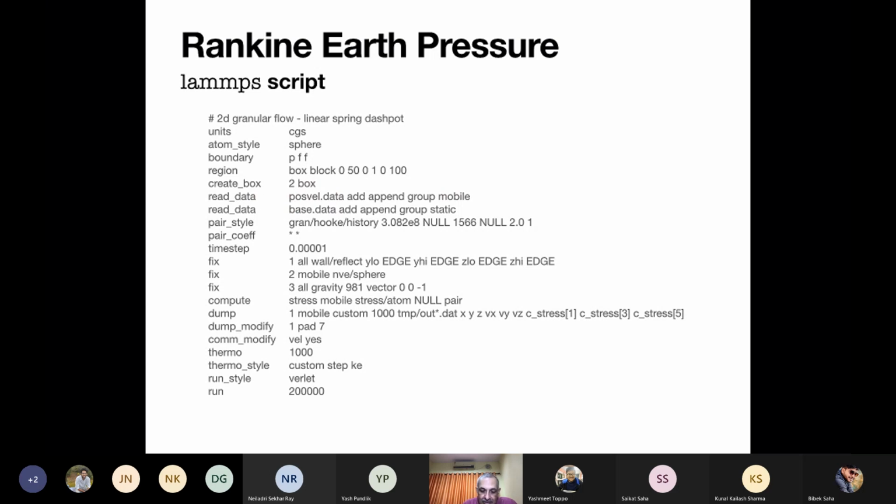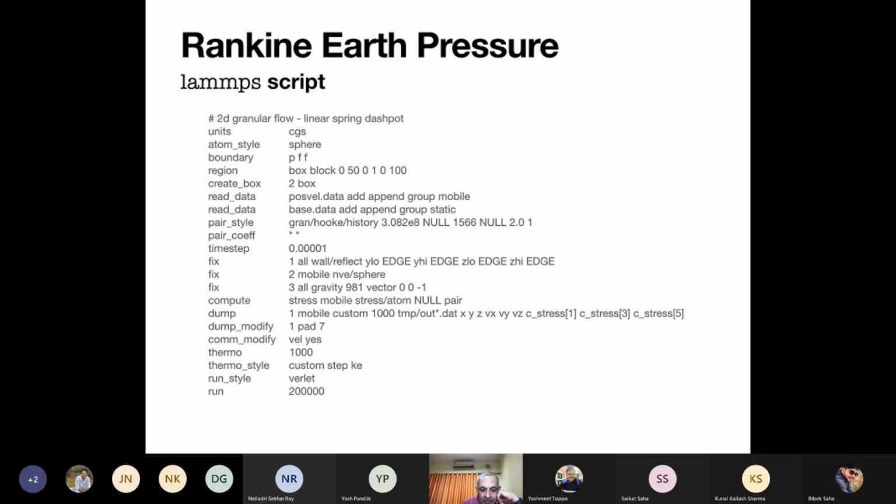Read the base data. So this will just be particles on a grid. Apply the reflecting boundary condition in the Y and Z directions, so particles don't escape in those directions.